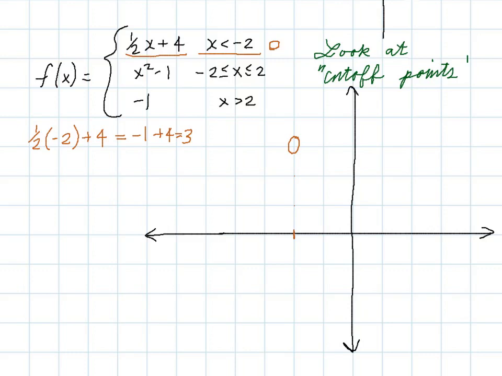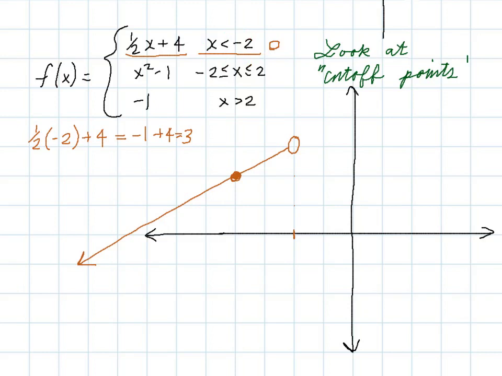So I have a point at (-4, 2), and you could keep going if you wanted to. This is a closed point. Now we can draw this line going on forever in the negative direction, because this inequality told us that x values were less than -2.